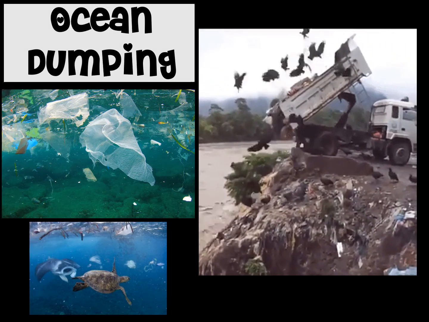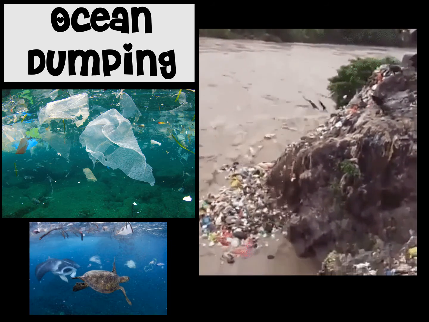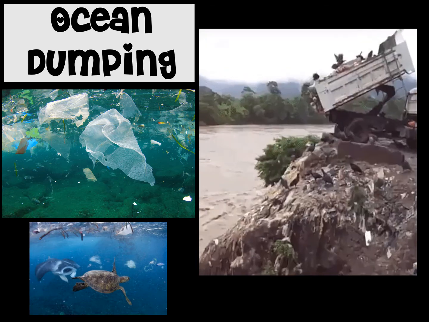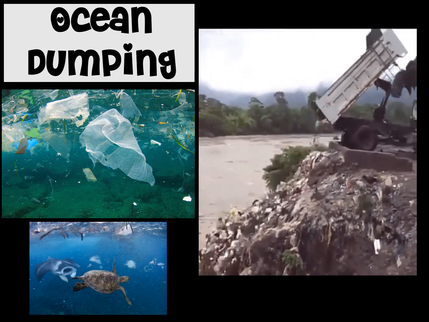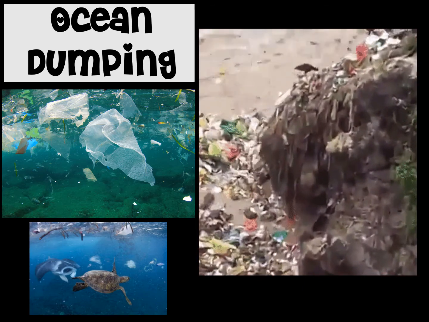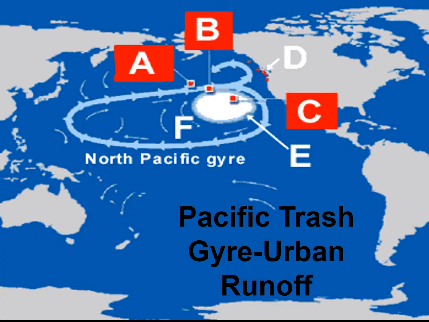Unfortunately, some countries do continue to dump their solid waste in the local waterway, whether that happens to be a river or an ocean, and that solid waste does end up in places that we don't want it to be in. And of course, organisms have been known to eat this solid waste, accumulate trash in their digestive tracts, and pass away. A known solid waste problem that's occurring in the Pacific Ocean is the Pacific Trash Gyre, or sometimes known as the Great Pacific Garbage Patch.